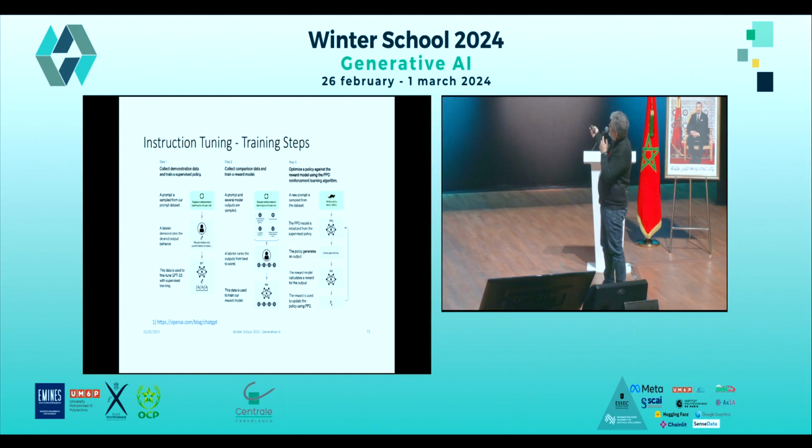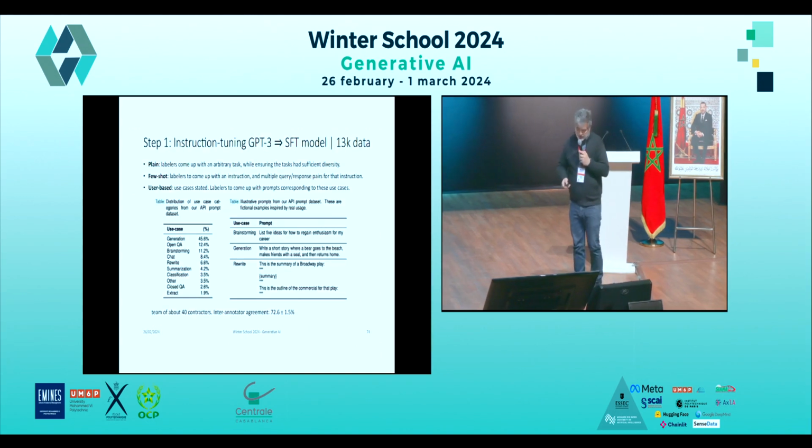Then it generates an output, and then the reward model gives the reward that is given back to the PPO model, and this cycle fine-tunes the model to a better performance.